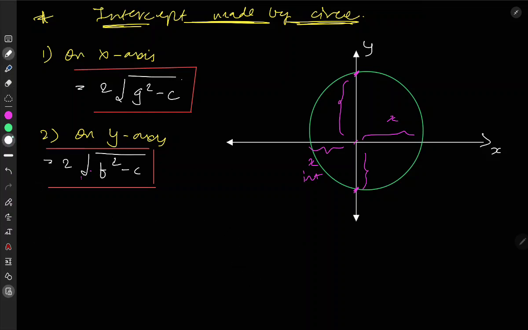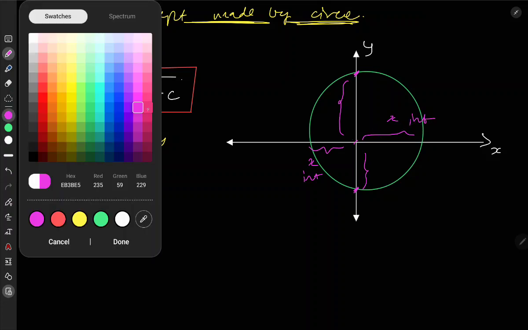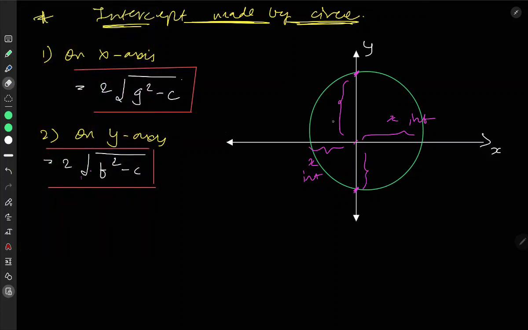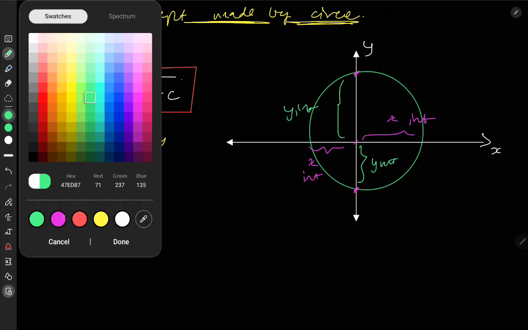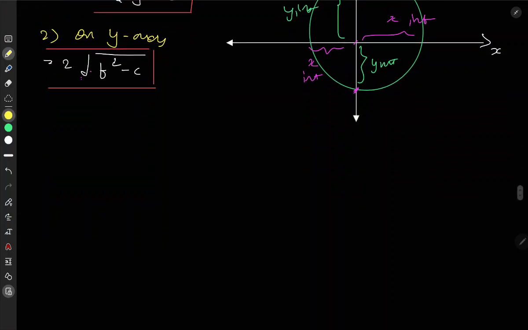I hope this is clear. I'll write it down, x-intercept, and I'll change color. For y-intercept I'll take green. This is the y-intercept.